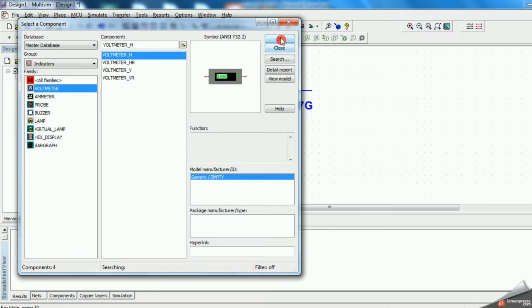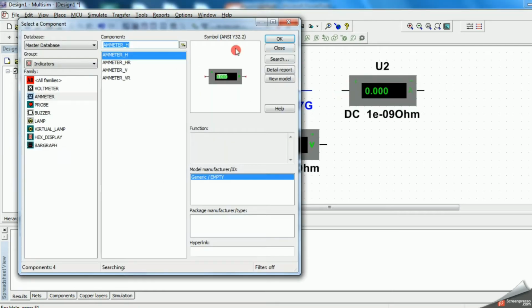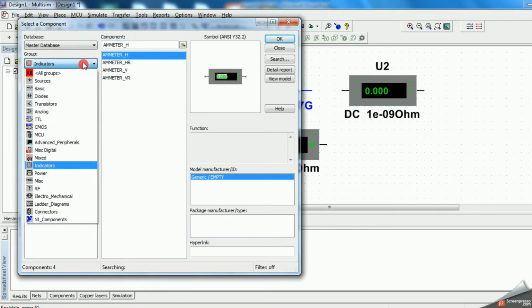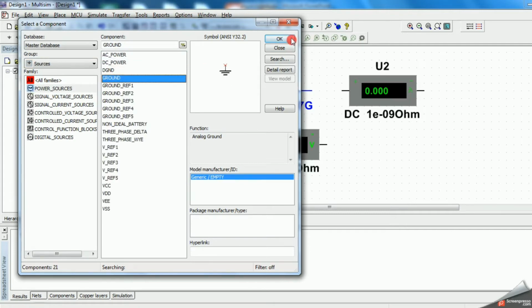Voltmeter. Okay. For measurement of current, an ammeter is required. It is also available in the indicator group. Then a ground connection is required: sources, power sources, ground. Okay.